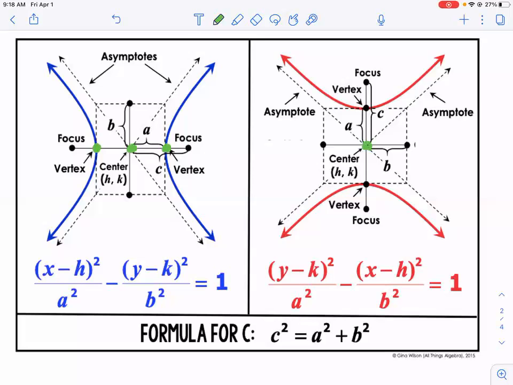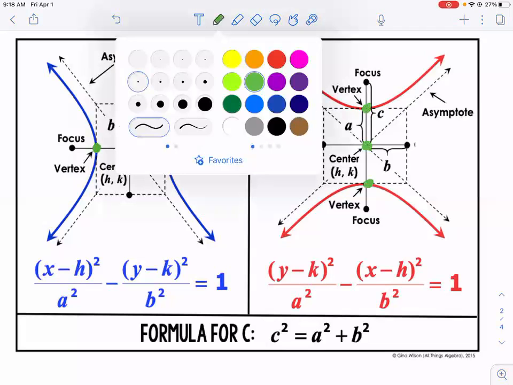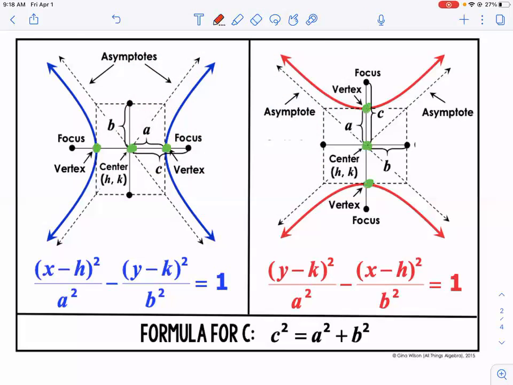In a vertical, we'll go up and down a to get our vertices. Now, you see a lot of dotted lines there, okay? These right here are actual asymptotes, okay? And that is what's going to give us our shape.